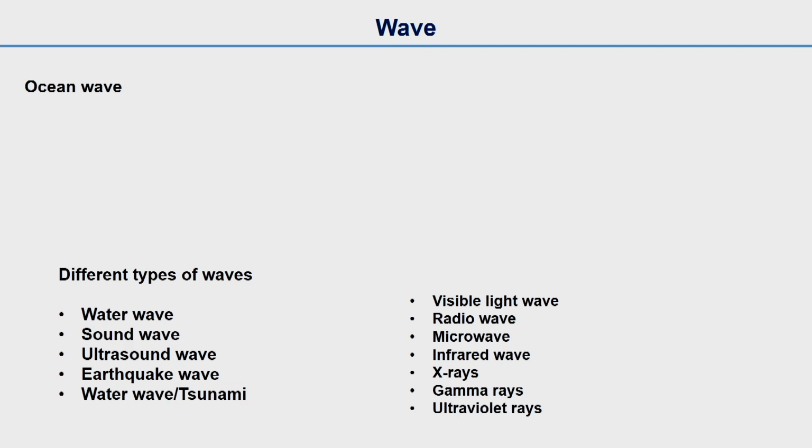The basics of waves, I am sure all of you have learned in your school days. If we talk about an ocean wave, let's say this is the ocean bed and this is the shore.